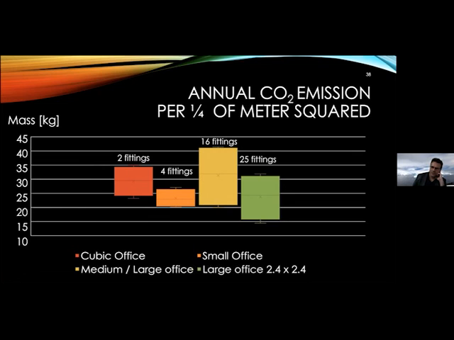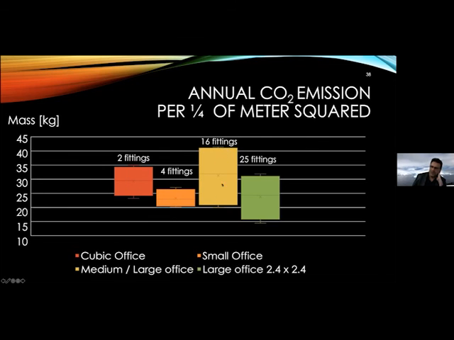Not 3 meters by 3 meters, but 2.4 meters. That was the spacing. So ultimately, we actually were placing 25 luminaires inside these office spaces. But on the left, models were done with luminaires where you had 16 fittings only, 3 meters apart.